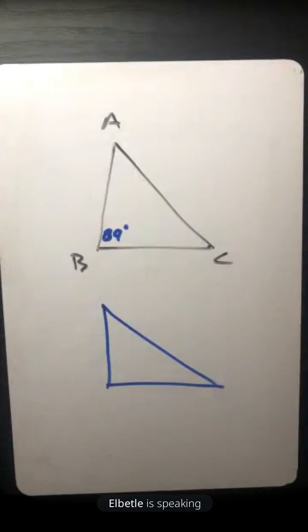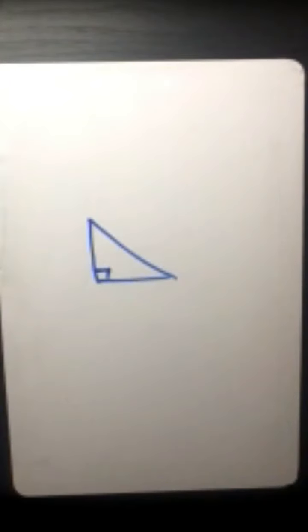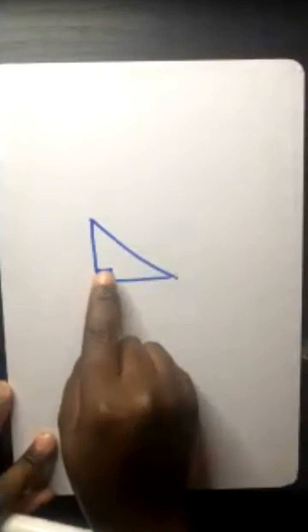Yes, sir. 100%. So in trigonometry, we only focus on a right angled triangle. Trigonometry is special in a sense that it only focuses on a right angled triangle and not on just a triangle, but it must be mentioned that it is a right angled triangle.